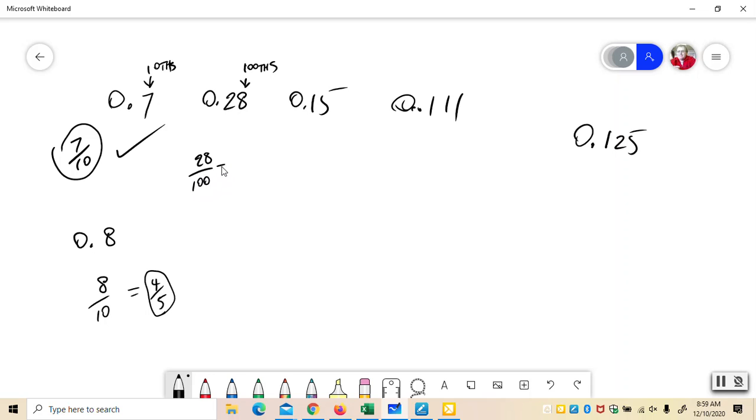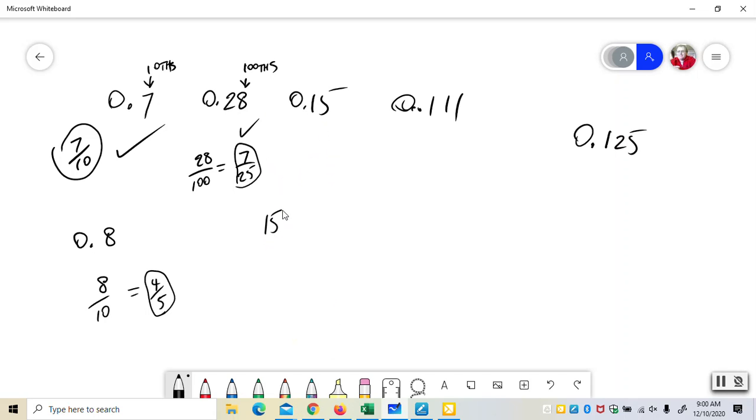Well, 4 will go into both of these. 4 goes into 28 7 times. 4 goes into 100 25 times. So that reduces that. And we have talked about the rules of divisibility. I'm not going to go back into that here. I might put another video up for you just for reference. But 4 goes into 28, 4 goes into 100. So this is your final answer there.